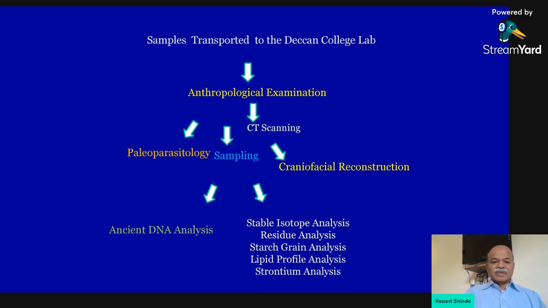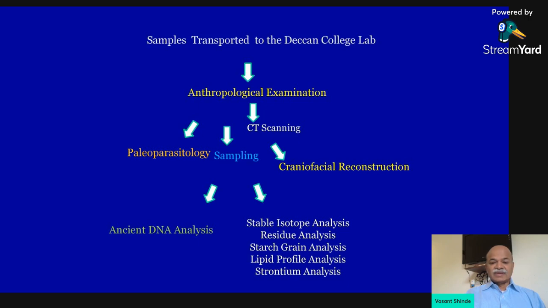Then we also did CT scanning of some of the skeletal remains, mostly for craniofacial reconstruction. This is the 3D reconstruction of the Harappan facial features, done for the first time. Then we also did some sampling for paleoparasitology and ancient DNA.